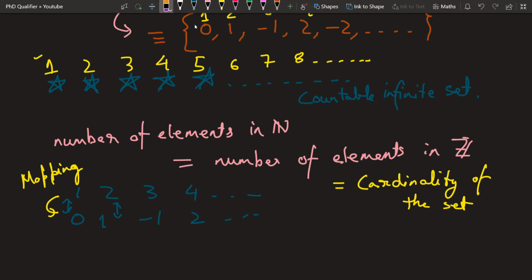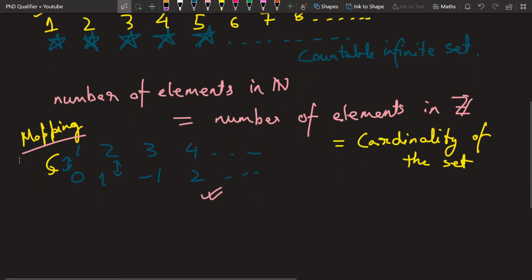So we can say, for example, what is the first integer, or second integer, fourth integer. If we write like this, then we can answer these questions, and that's what is called mapping. And this is a special type of mapping in which each and every element of both sets is linked with each other. This is called bijective mapping.